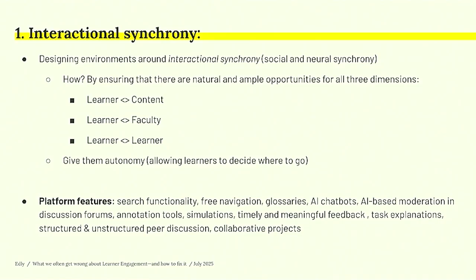Chatbots or AI-based moderation in discussion forums, annotation tools, simulations, timely and meaningful feedback, task explanations, which could be AI-based or manually written, and, like we discussed previously, structured and unstructured peer discussions. The last one I wouldn't talk about because it's very hard to do. I've never been successful with that one, so I don't know if it's even possible.